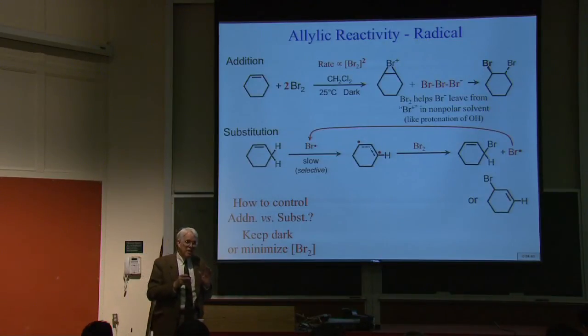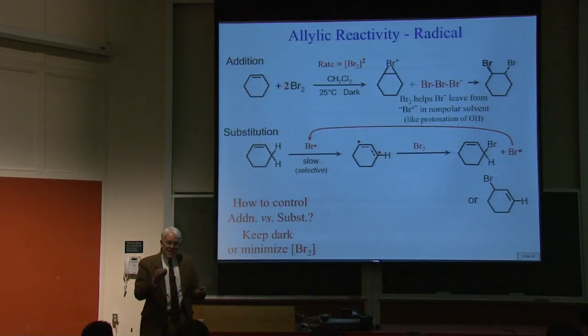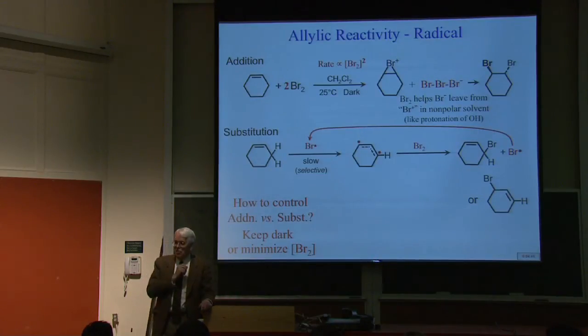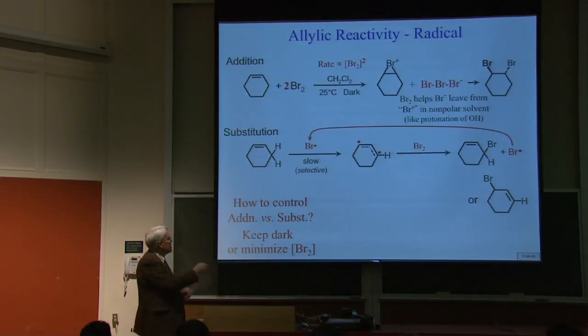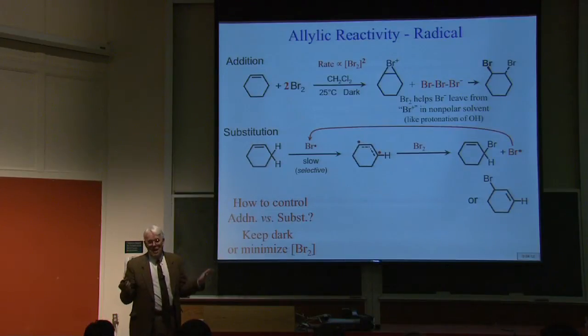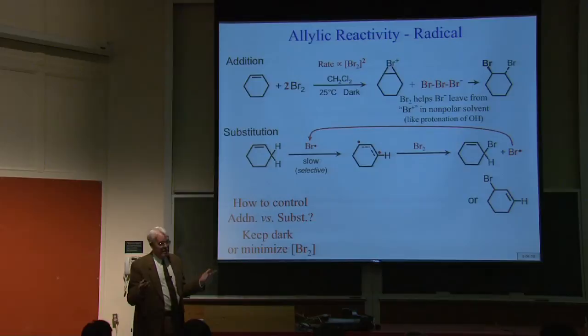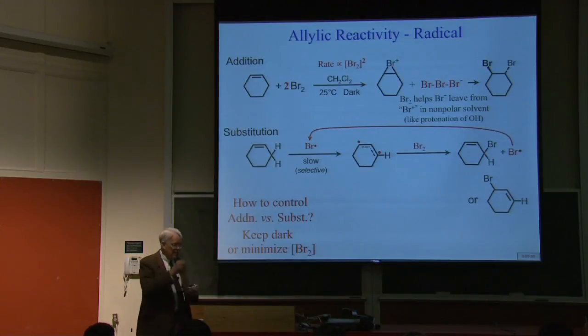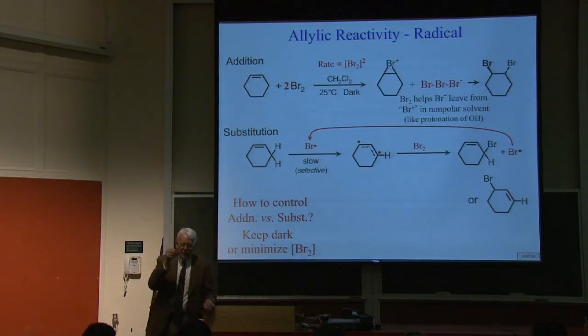But how are you going to do it, right? Suppose you put in just a teeny amount of Br2 there. This starts in, but quickly you've exhausted the Br2, and now the radical chain stops, and that's the end of the line. Now you could say, I'll very carefully run in Br2 very slowly, just to balance out.